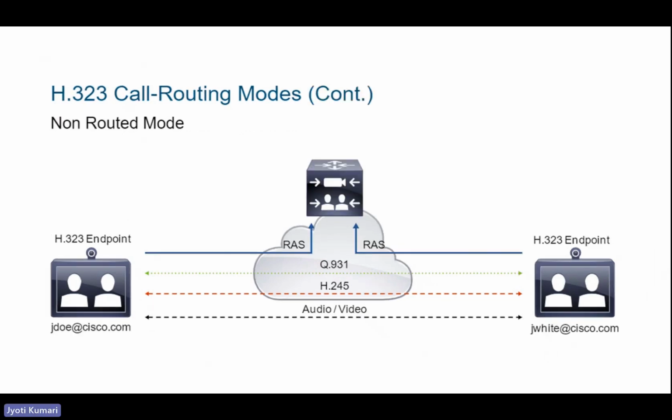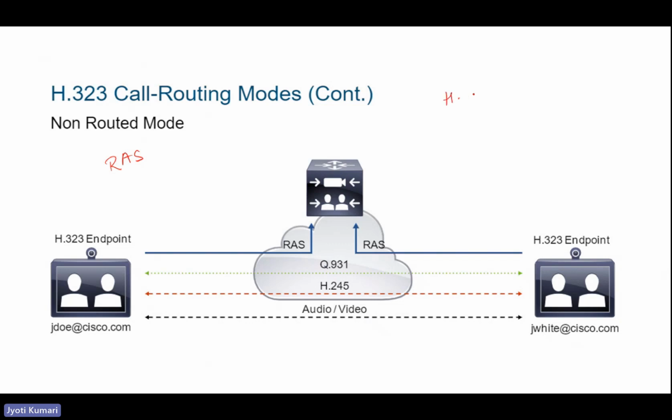Then there is non-routed mode. In non-routed mode, only the registration, admission, and status (RAS) messaging is routed through the gatekeeper, because registration, admission, and status is communication with the gatekeeper. The call setup would require some negotiation.